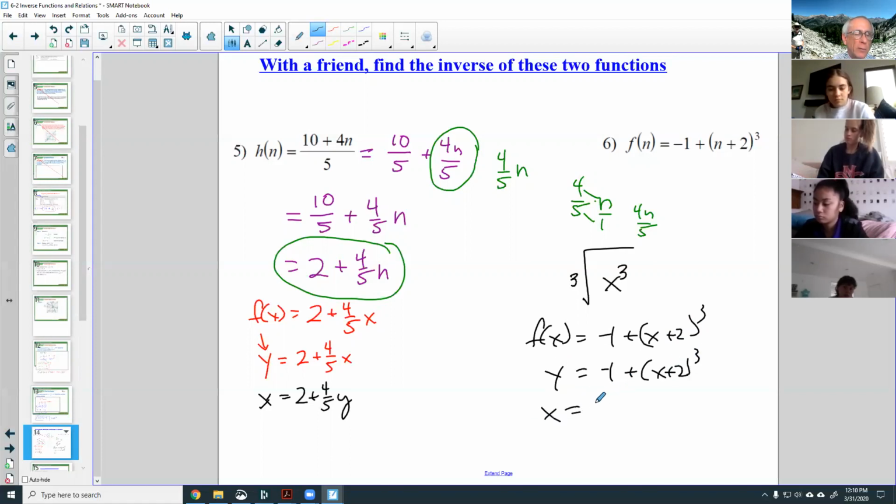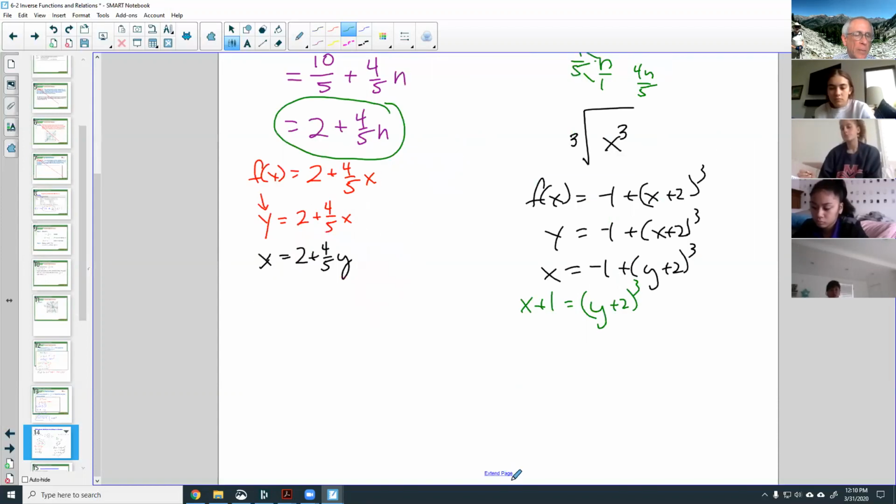You have x equals -1 plus y plus 2 cubed. That's where you got to, correct? We added the 1. So now we have x plus 1 is equal to y plus 2 cubed. I want to get y by itself, don't I?